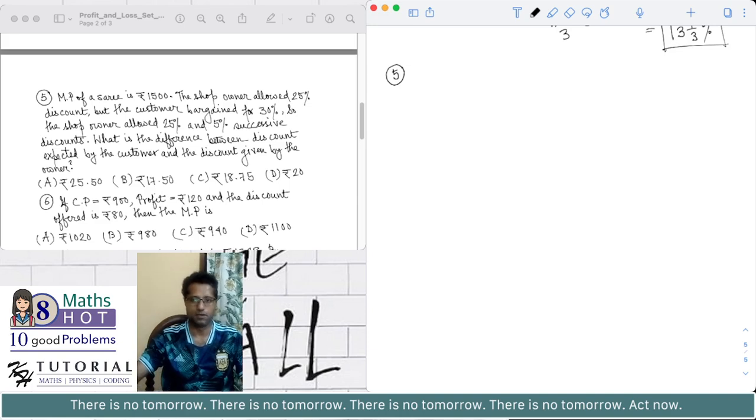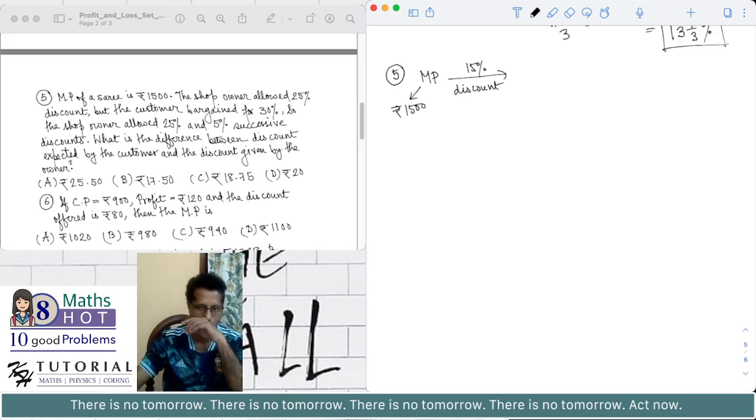Okay, so what is the scenario? We have the mark price, which is rupees 1500, and the shopkeeper is allowing a 15% discount, and we are having a selling price.